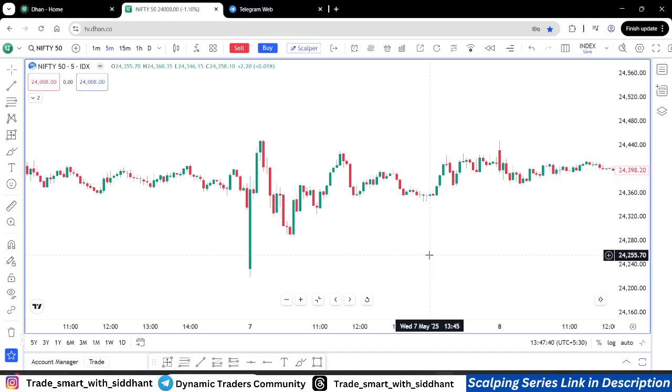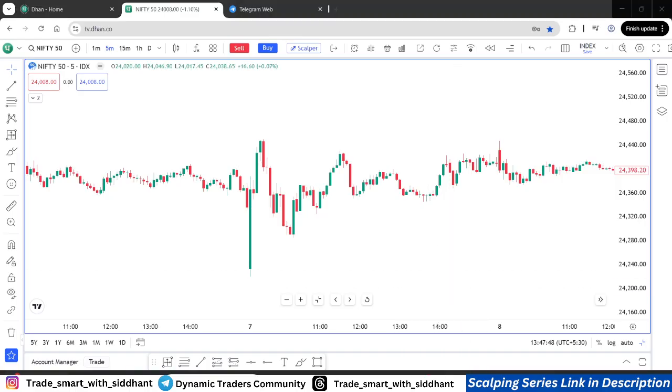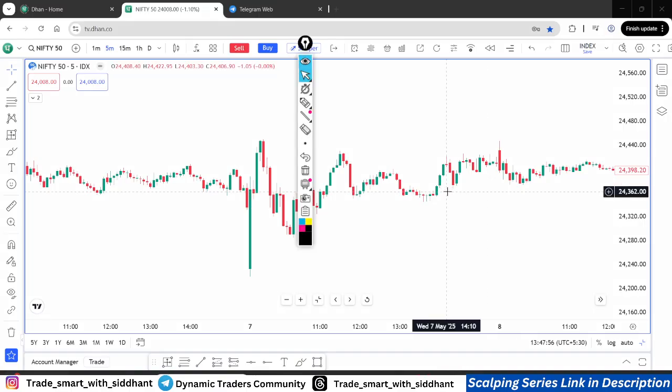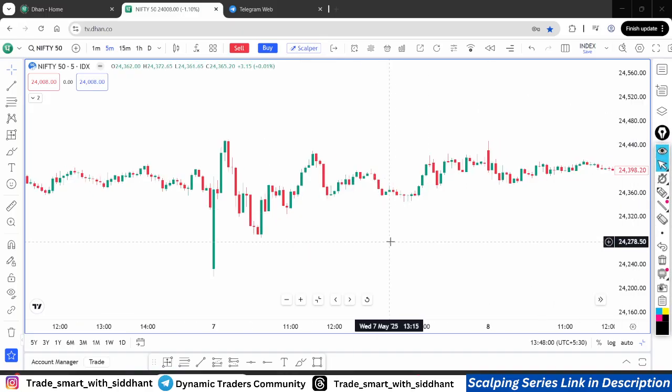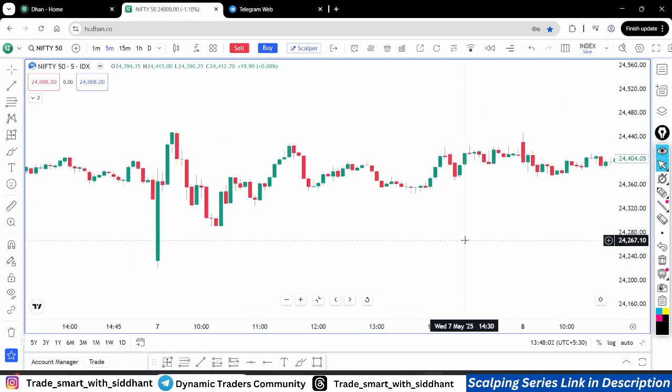Okay, so for this video, let's get back to the price action. The basic point which I share every day in my Telegram channel for premium members is: always wait for the candle to close in order to enter, as a safe entry with confirmation.